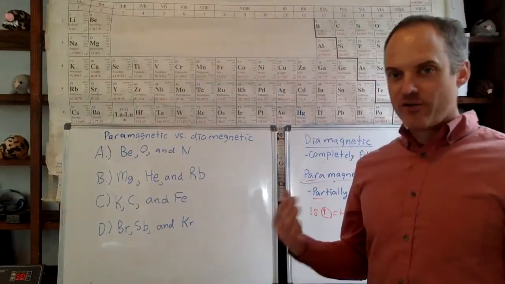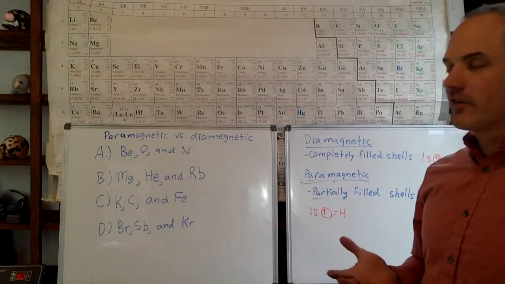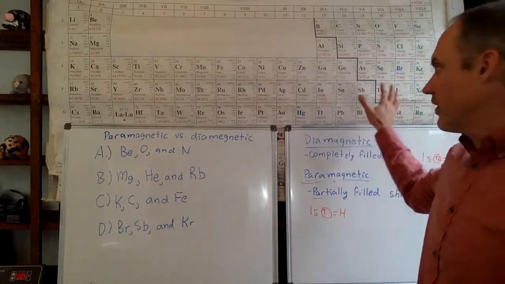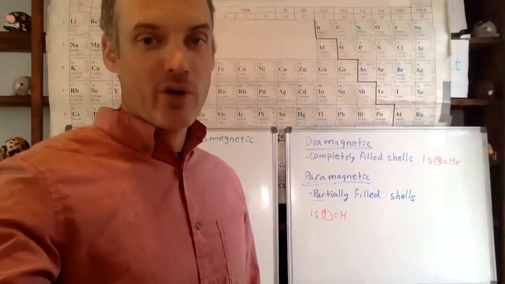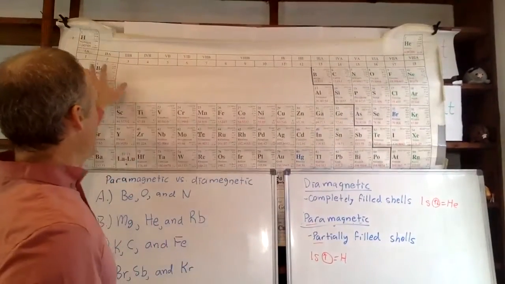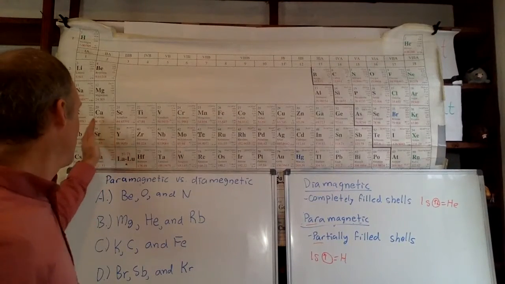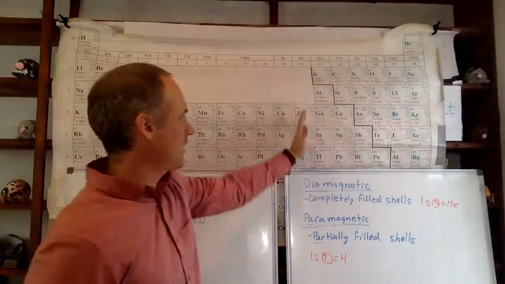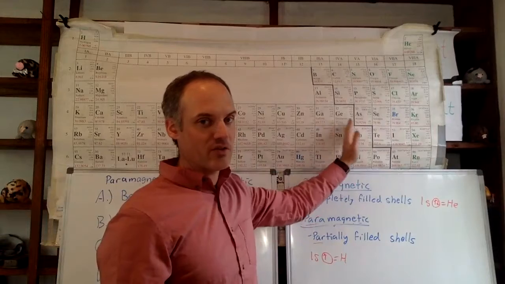Now, how do you figure this out quickly? The easiest way to figure out if it's got a full shell or not is by looking at where it is on the periodic table, because the periodic table is organized by shells and subshells. So we have our s subshell here, in the middle the d subshell all the way to zinc and down, and then our p subshell over here.